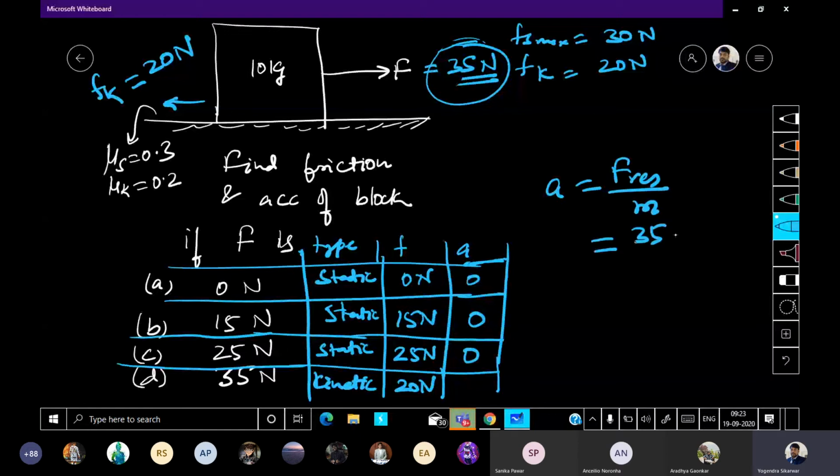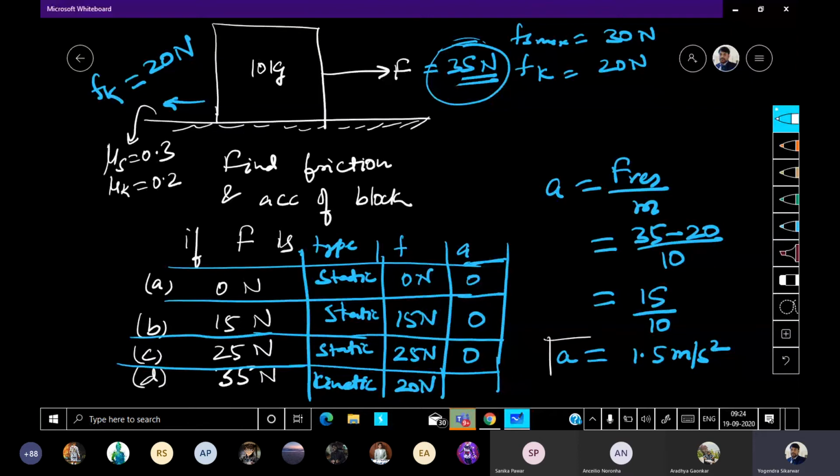That means 35 minus 20 upon 10. So 35 minus 20 is 15 upon 10, and that is 1.5 meters per second square. So acceleration will be 1.5 meters per second square. This will be the answer.